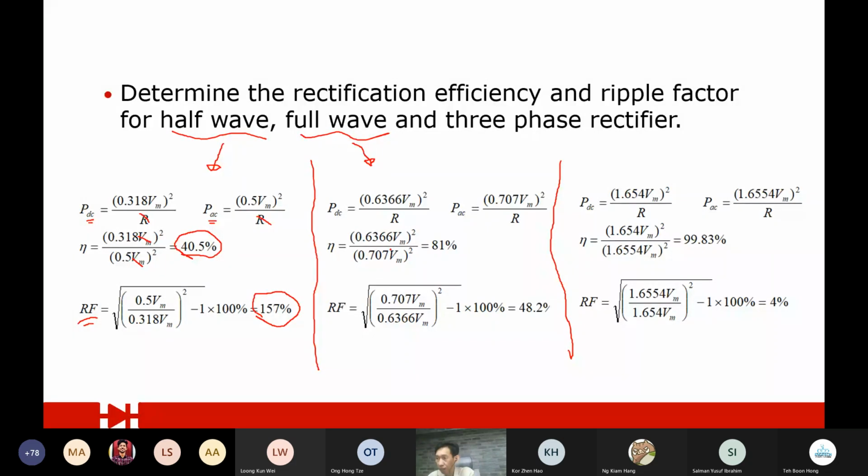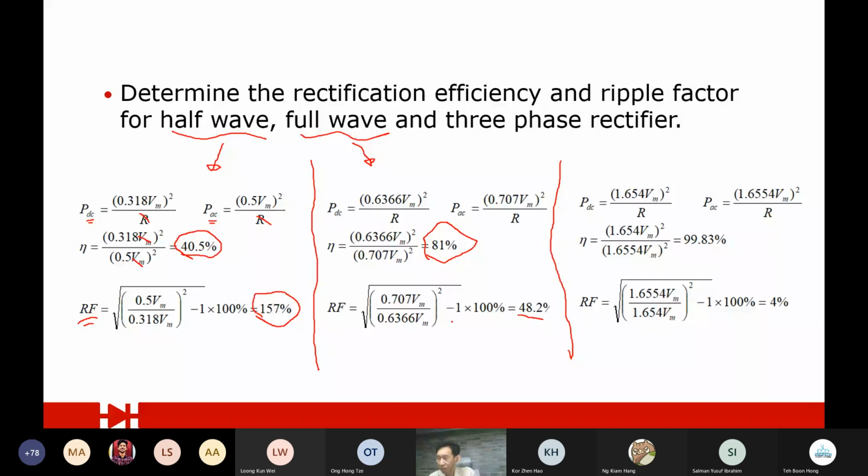So this is just derived, and you can see the efficiency doubles. It already goes up to 81%. And the ripple factor goes down to 48%. And that is still considered very high. Okay, 48% is really high.